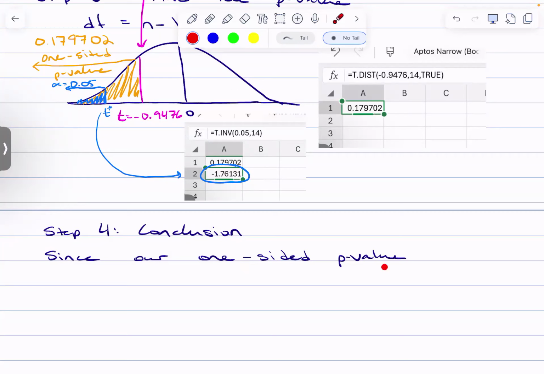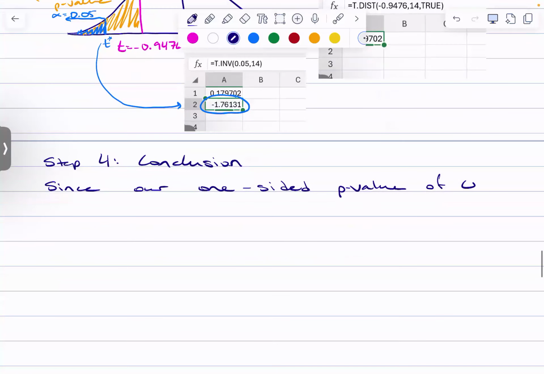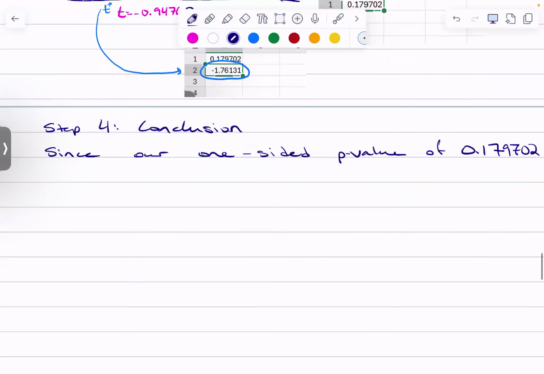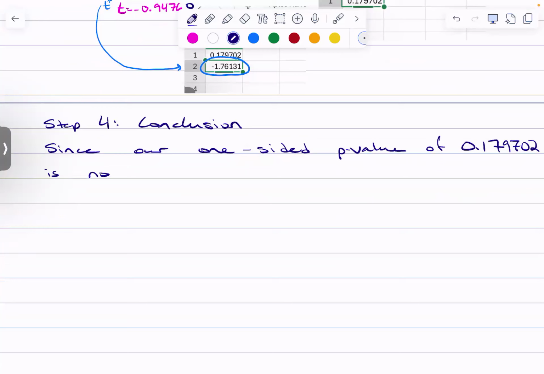Since our one-sided p-value of 0.179702 is not less than our alpha level of 0.05.